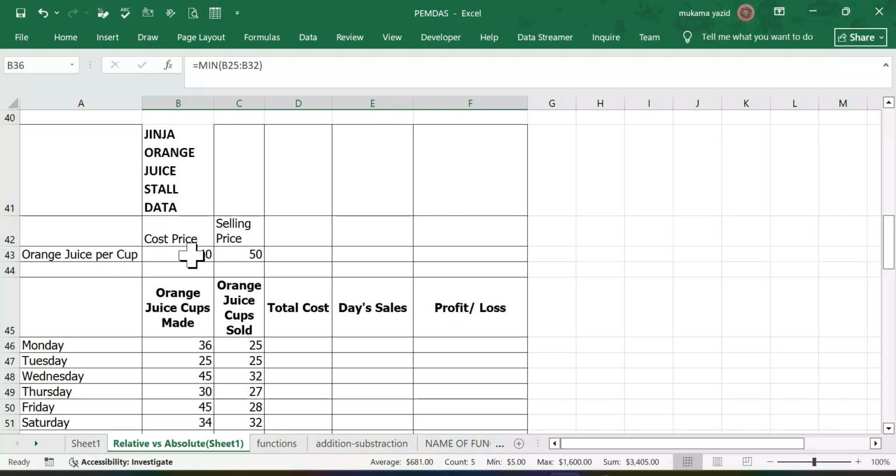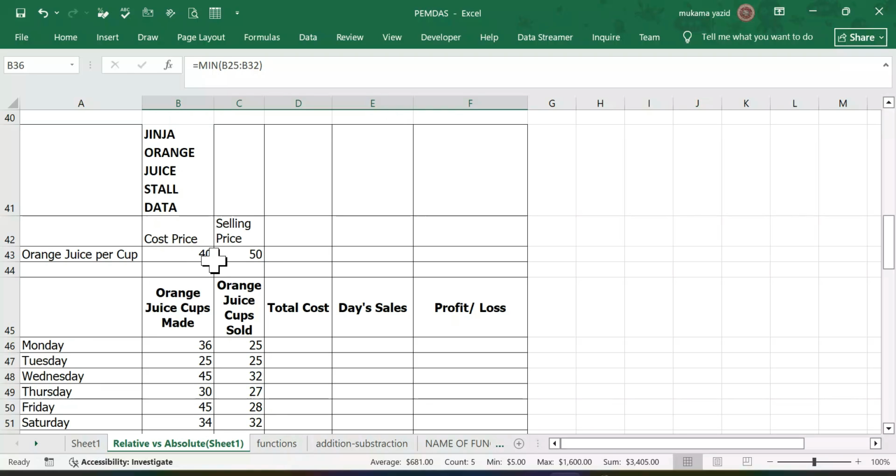The cost to you, maybe you first invest in your business so that you come up with one cup at 40, maybe 40 shillings, whatever. This is the cost it takes you to come up with one cup.